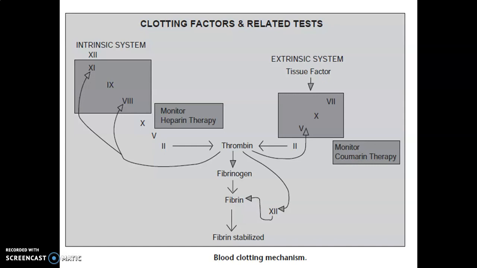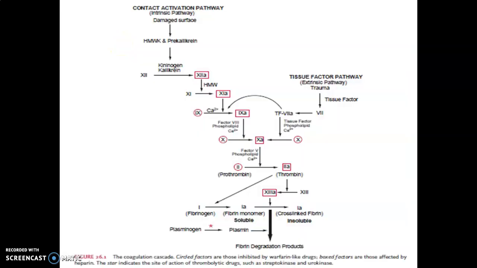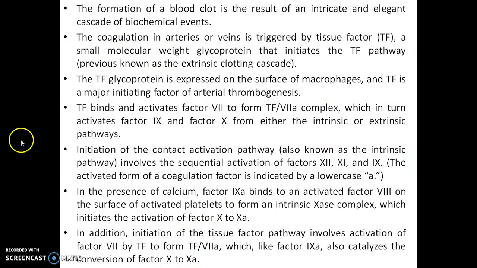They cannot form a clot, so the fibrin stabilizing factor, which is factor number 13, forms lots of covalent bonds with the fibrin monomer, which leads to formation of a fibrin mesh, and this mesh attracts platelets and phospholipids and forms stable clots, which is called hemostasis or blood clotting. So here we have completed the blood clotting cascade pathway.